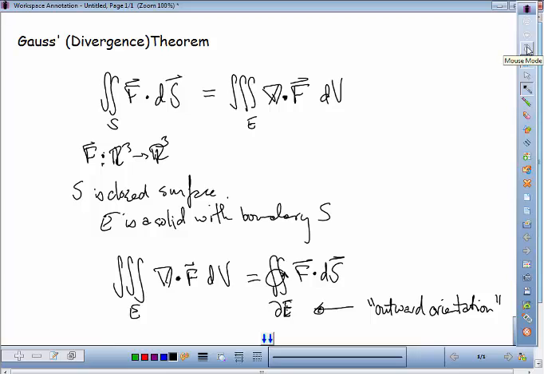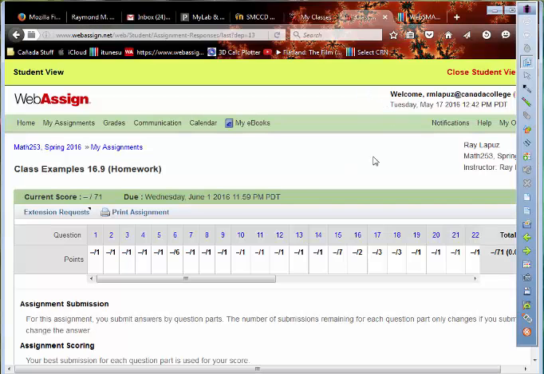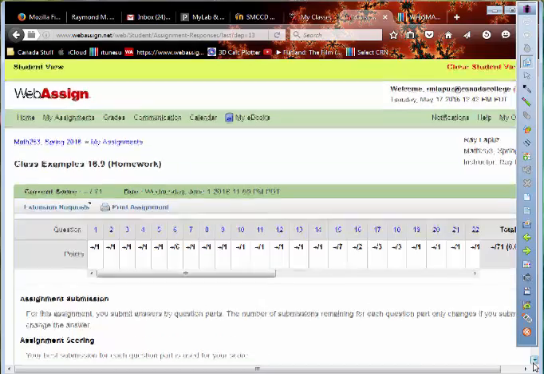This is our last big theorem, and after this we're going to try to unify all these theorems that we've been talking about. And all these theorems that we've been talking about is really just the fundamental theorem of calculus in different modes, different perspectives, things like that. So let's take a look at an example.